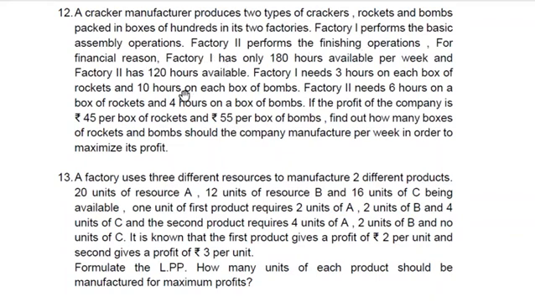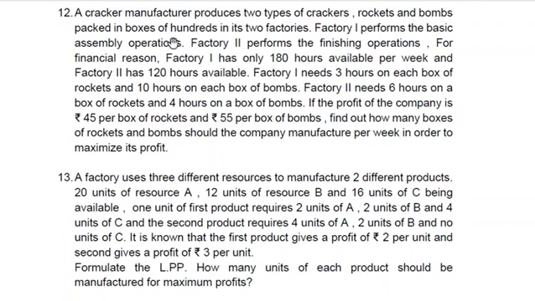For financial reasons, factory 1 has only 180 hours. So there's a limitation on factory 1 time per week, and factory 2 only 120 hours are available. Factory 1 needs 3 hours on each box of rockets and 10 hours on each box of bombs.